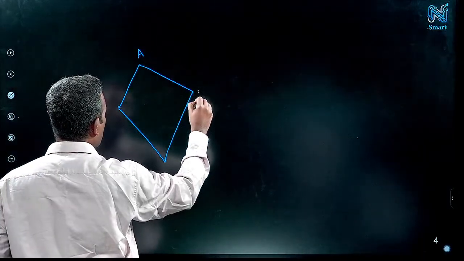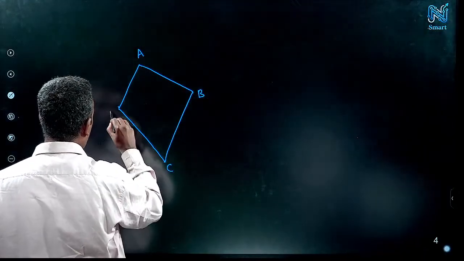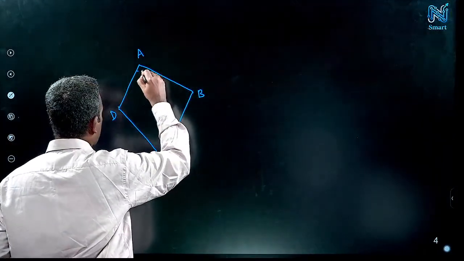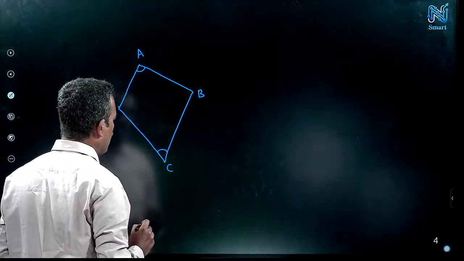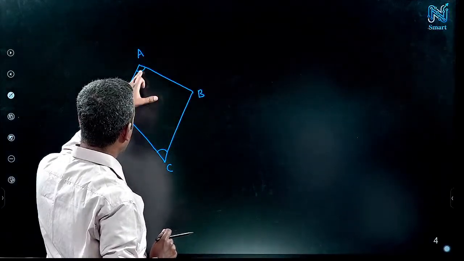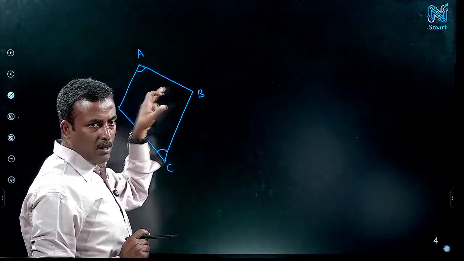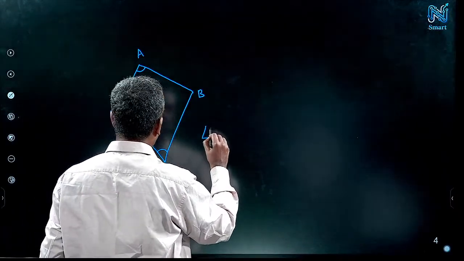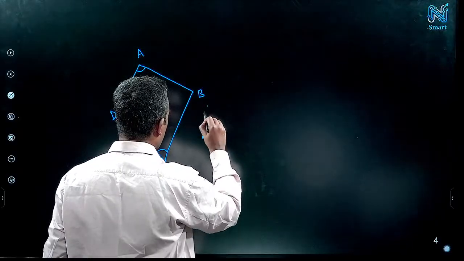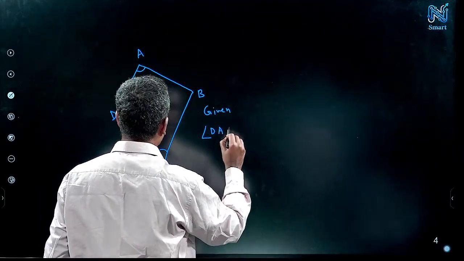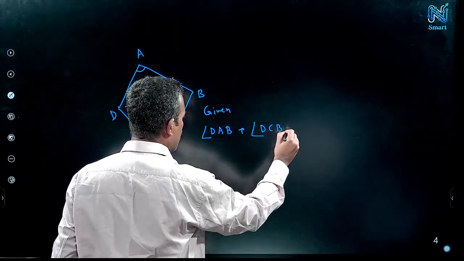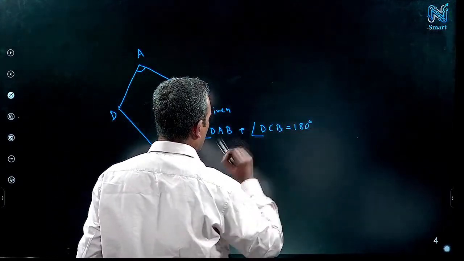So the quadrilateral ABCD is given, and it is given that the sum of these 2 angles is 180 degrees. If the sum of these 2 angles is 180 degrees, automatically the sum of angle B and angle D is 180 degrees. So it is given to us that angle B plus angle DCB is 180 degrees.